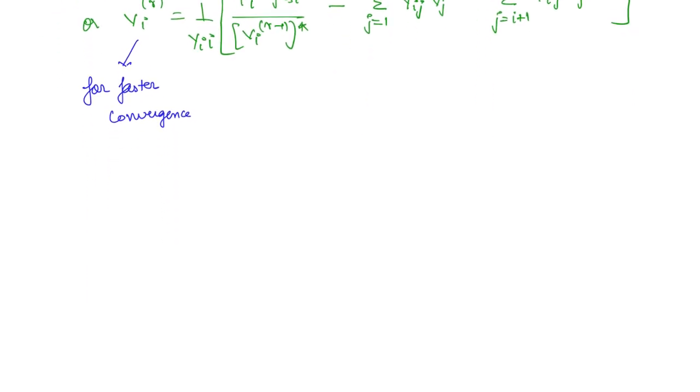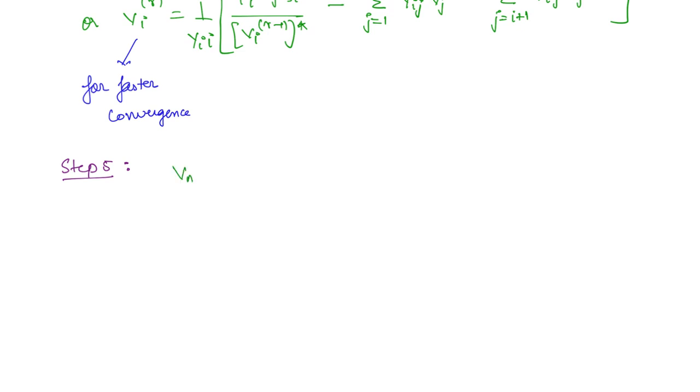Now once we find out these voltages for each of the PQ buses, then what you have to do, you have to check whether the calculated voltage is within the specified limits. Sometimes the minimum and the maximum value of the voltages that is allowed at the bus will be given, and the calculated voltage should be greater than the minimum voltage and less than the maximum voltage. It should lie in between these two values. So in case of a violation, then what will happen?